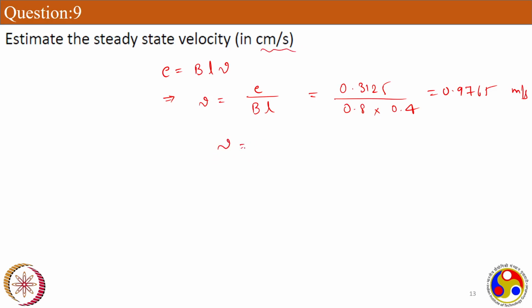So to convert, we have to multiply it by 100. 97.65 centimeters per second. So again, this is always a simple one because when we know the magnitudes, we just have to find the unknown and we will calculate it.